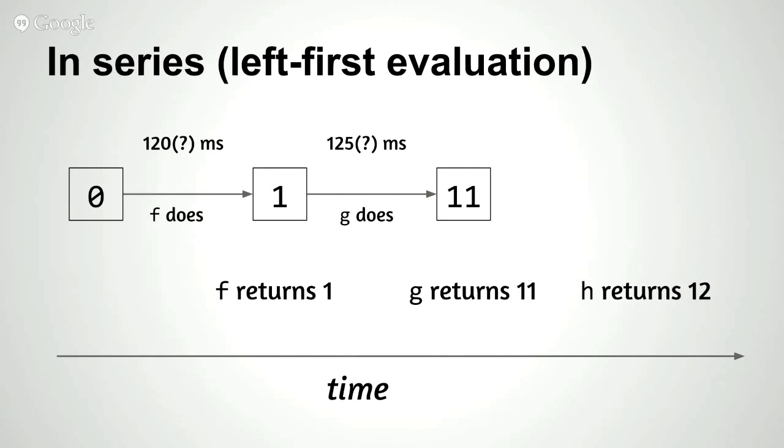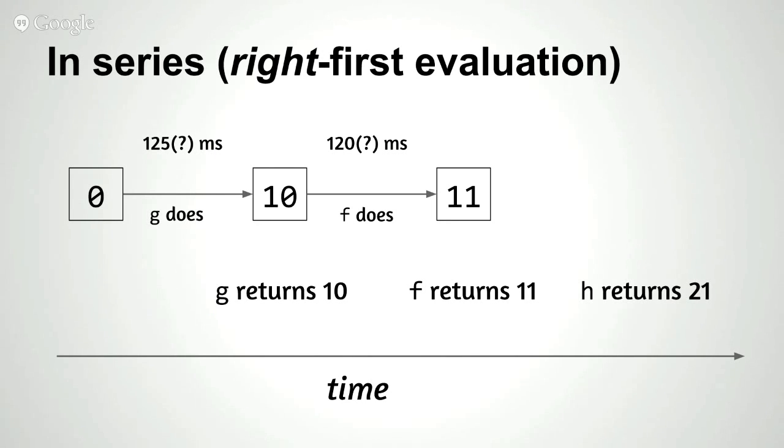If it's left first evaluation where f happens before g, then you get 12, as you can see there. Because f happens, it updates the cell to 1, returns 1. g adds 10 and puts 11 in the cell, and it returns 11, and h returns 12. But if it's right first, then you get 21.